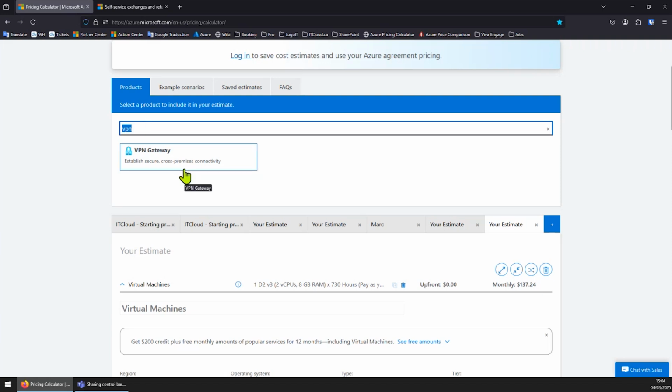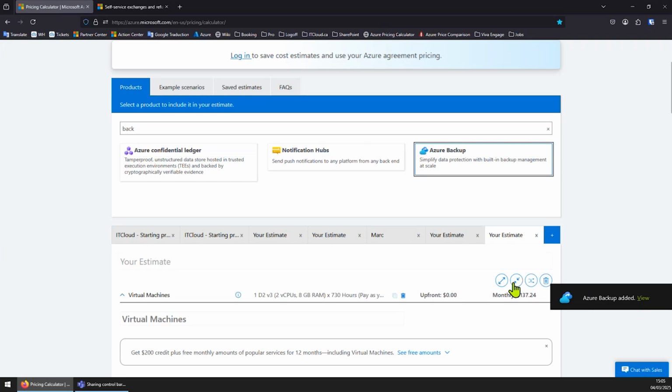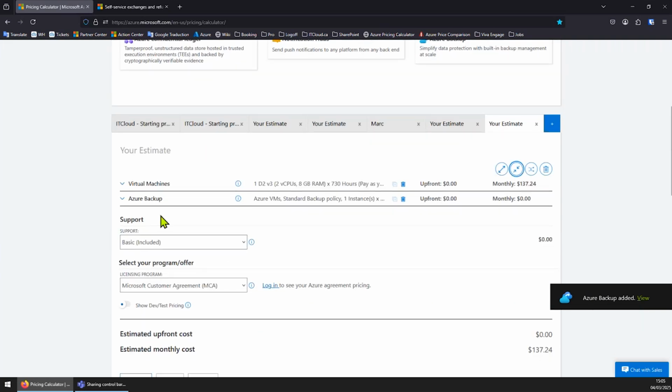What could be the next step? Maybe the backup? Oh, here we go. I need to add a backup for my system. I mean, the VM will be inside Azure, but I need to protect it. I know you can protect outside the box. You're right. For example, if your customer already has a backup, it could be a great idea to continue this on-premise configuration.